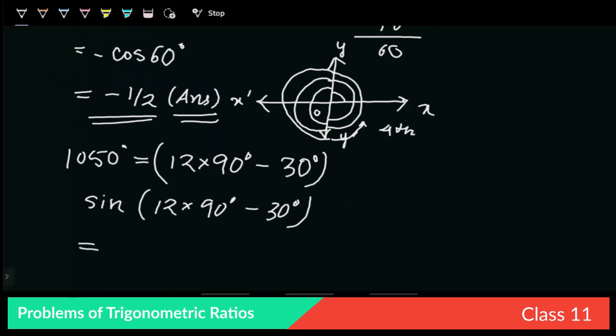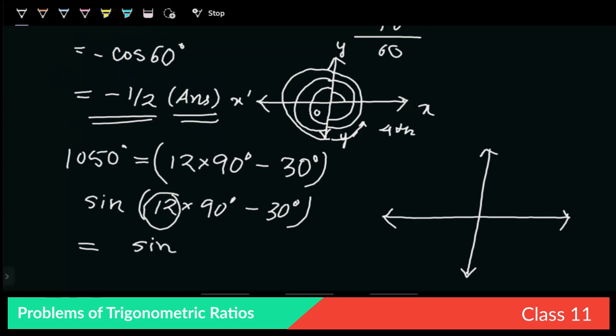Now see, 12 into 90 degree means it will fall under which quadrant, I will show. Now here you can see before 90 degree it is an even number. So without hesitation I can write here sine, because I know that if the coefficient of 90 degree is an even number, then the ratio will not change, so it will remain as sine.